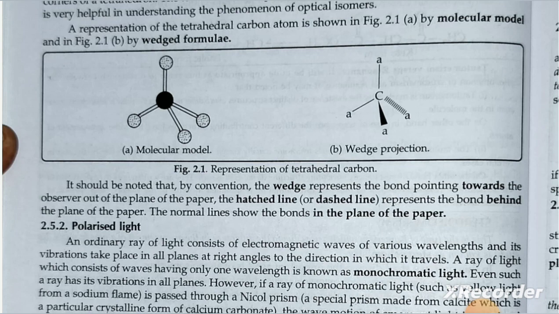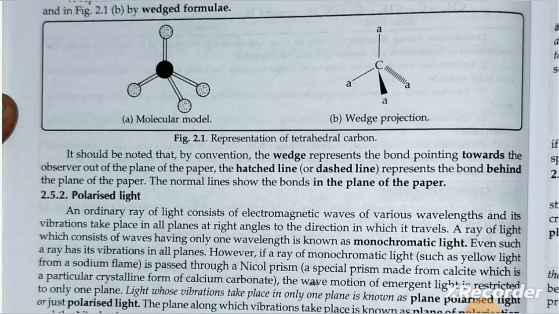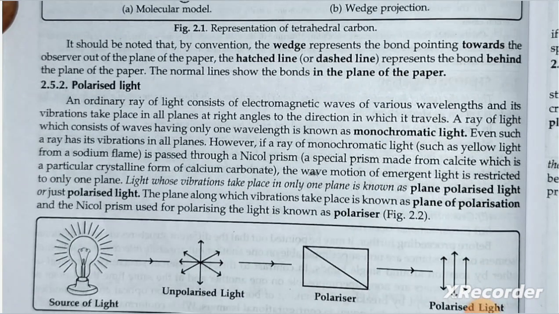However, if a ray of monochromatic light such as yellow light from a sodium flame is passed through a Nicol prism, a special prism made from calcite, which is a particular crystalline form of calcium carbonate, the wave motion of the emergent light is restricted to only one plane. Light whose vibrations take place in only one plane is known as plane polarized light or just polarized light.